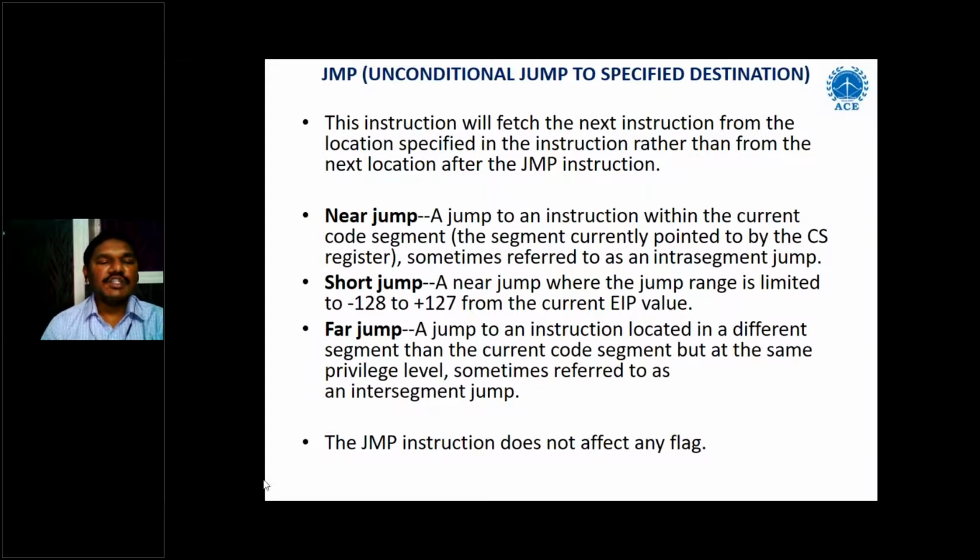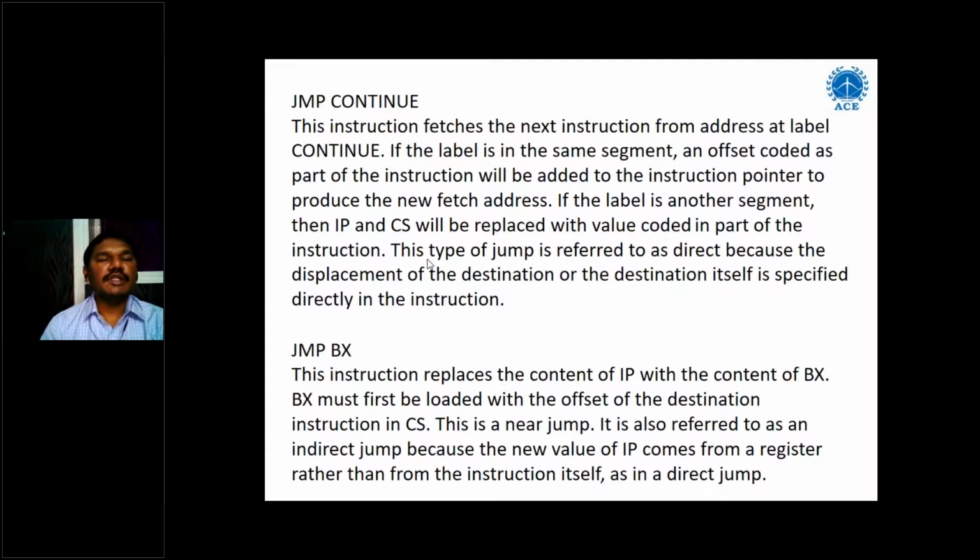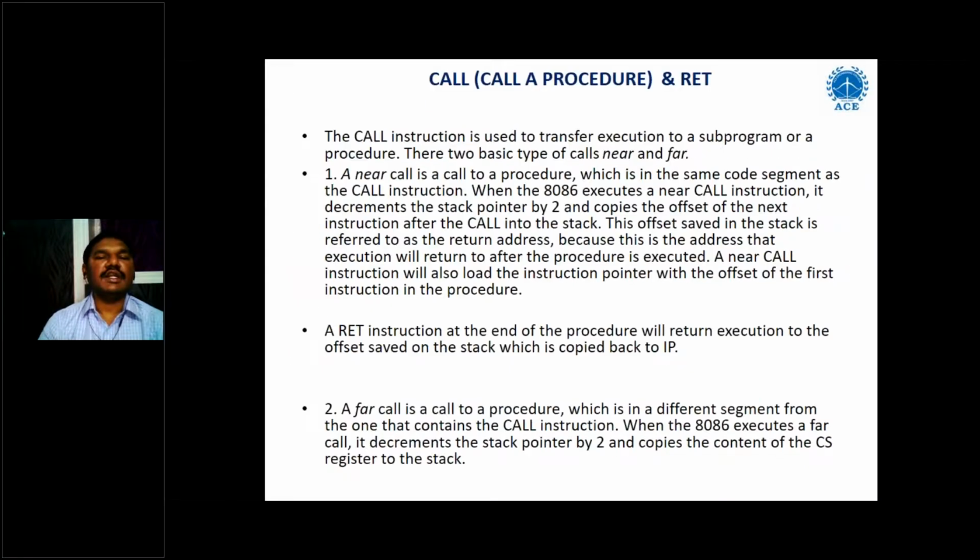So there are three types of jump in programming. The jump instruction fetches the next instruction from the address at label continue. JMP continue means continue is written somewhere as a label, and it will go to that location, when the JMP instruction is written without checking any condition.